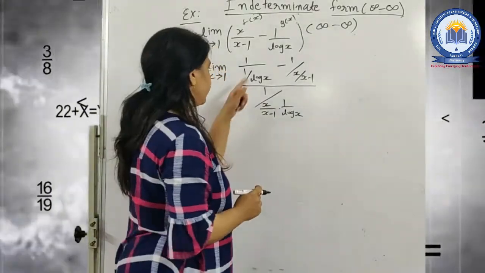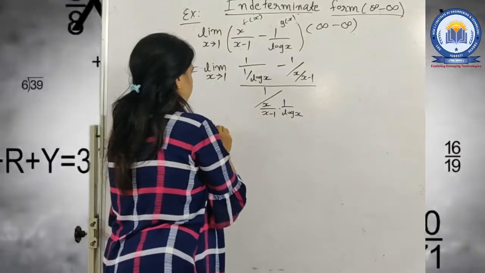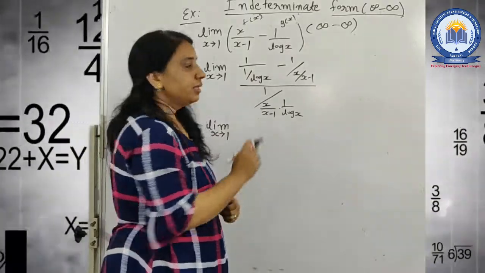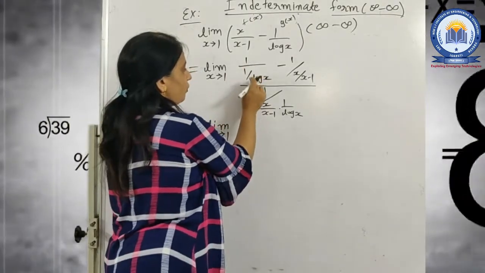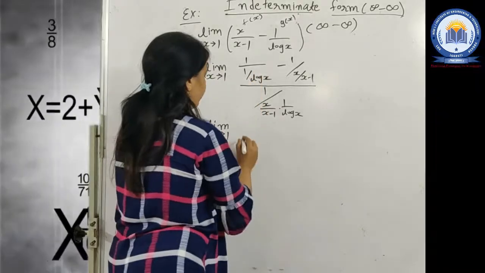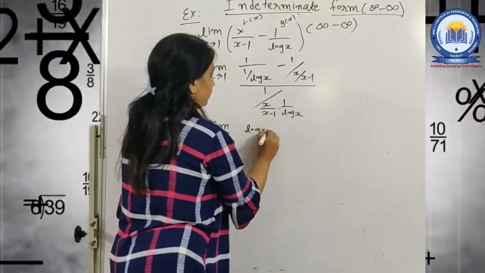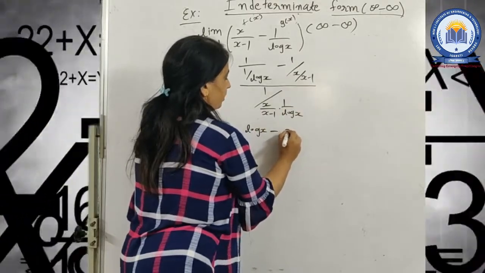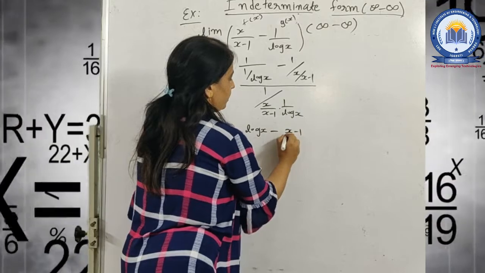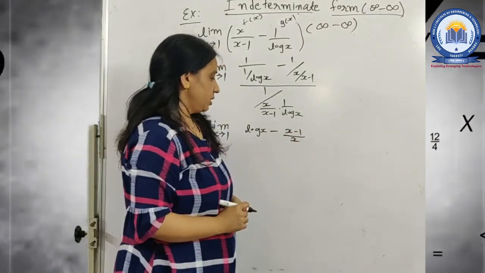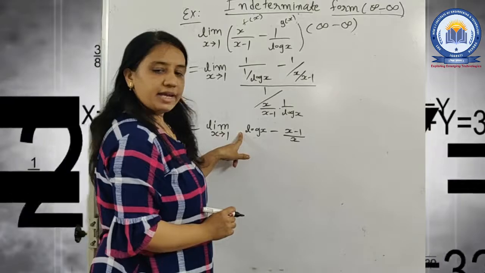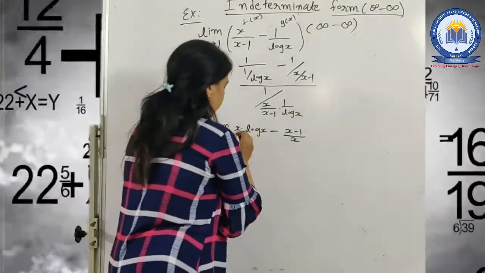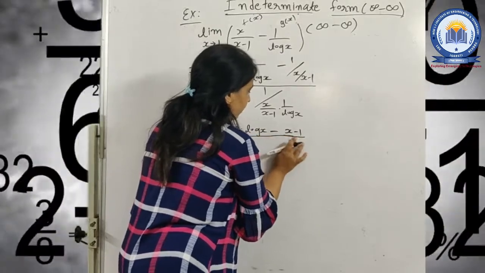Just we will rewrite it again. So it will become limit x tends to 1 of 1 upon log x, so it becomes log x minus (x minus 1) upon x. Again this we have multiplied here, so it will become x log x and the whole divided by x.